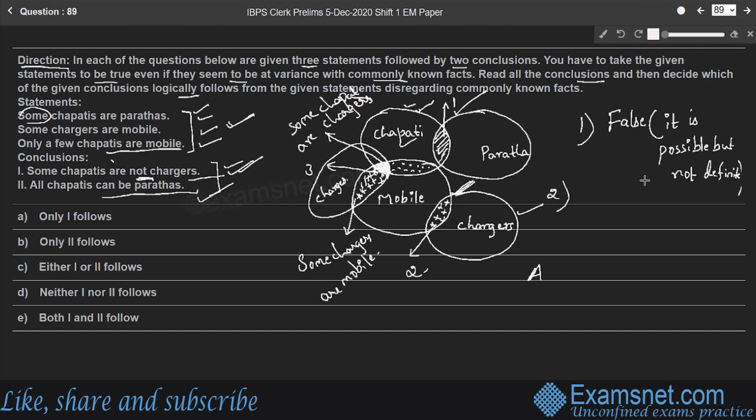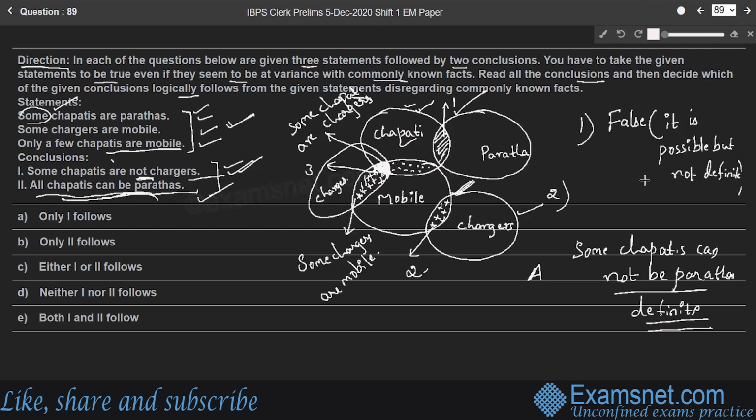I'll repeat once again. If the statement is, instead, some chapatis cannot be parathas, it is a definite statement. So in this case, we cannot conclude all chapatis can be parathas, right? But since the word some is given, we can conclude all chapatis can be parathas.